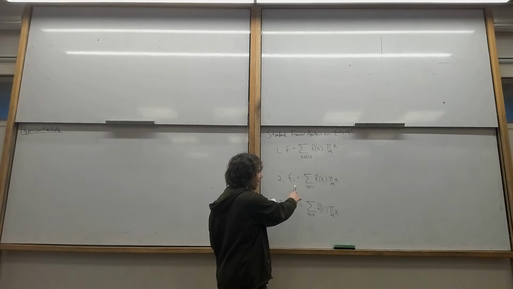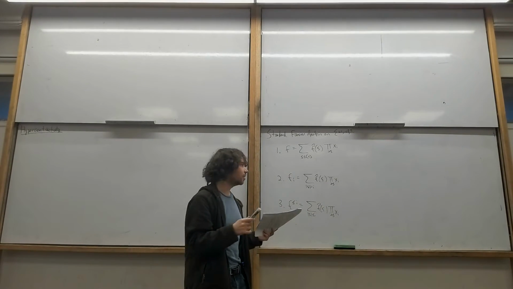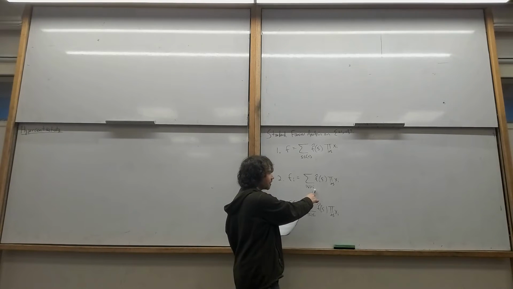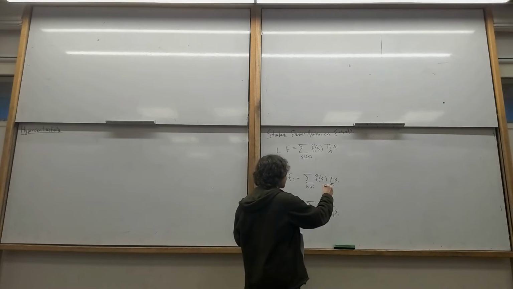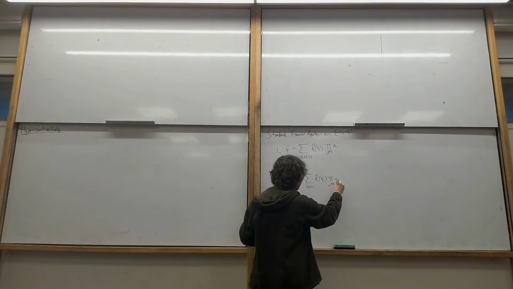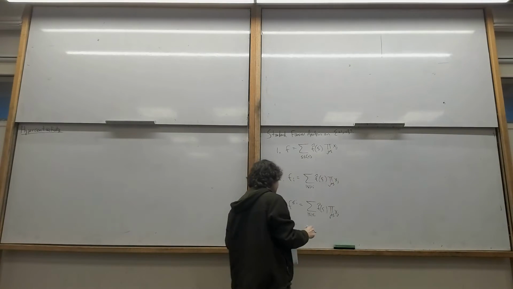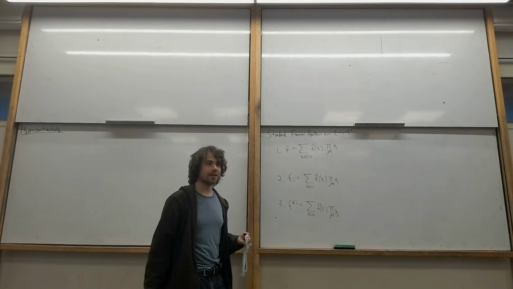We'll define f=j to be the jth level of the Fourier decomposition. This is the contribution from all of the coordinate sets that are of size j. I shouldn't use i for the same thing here, so let's make this j. And then f less than or equal to i will again be the contributions from everything at level i and below.